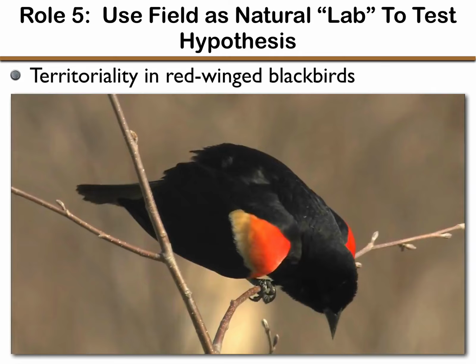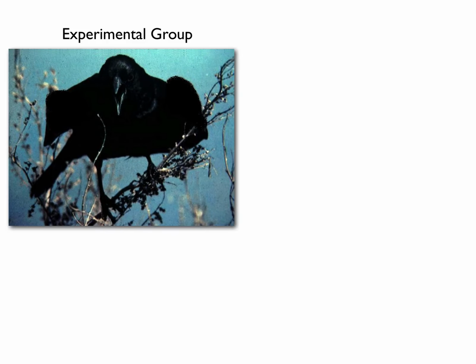So a researcher was interested in finding out whether those red epaulets really played any kind of role in helping a red-winged blackbird maintain its territory against intruders once it set up its territory. So he did the obvious thing. His experimental group, he captured them on their territories and painted the red epaulets black.